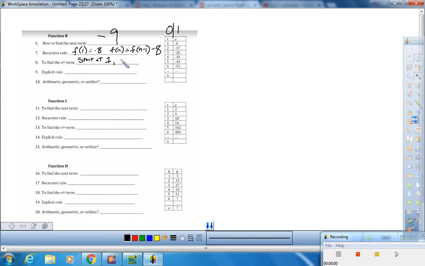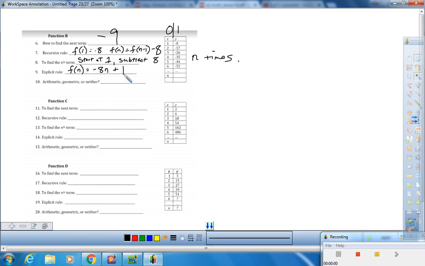Subtract 8 n times. Okay, the explicit rule, that's y equals mx plus b, or f of n equals, what's our slope here? Our slope is negative 8, and our y-intercept is 1.